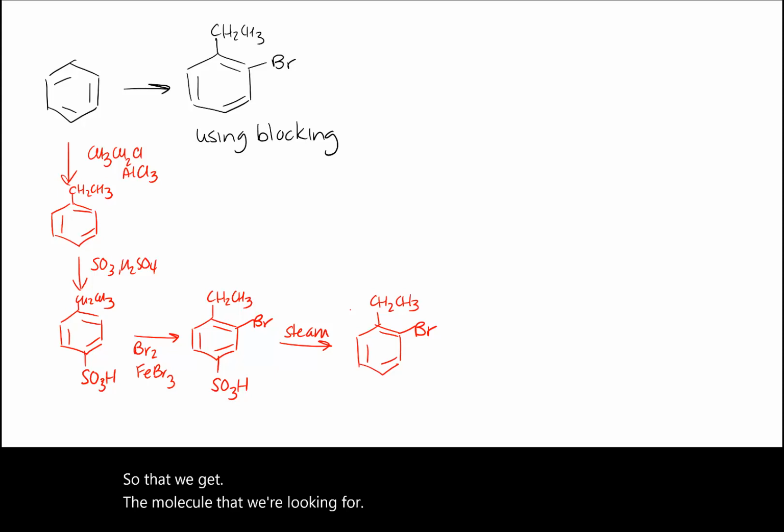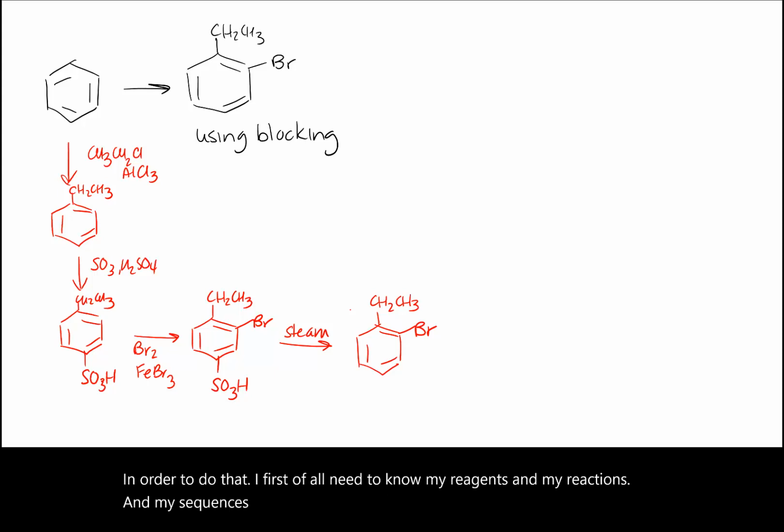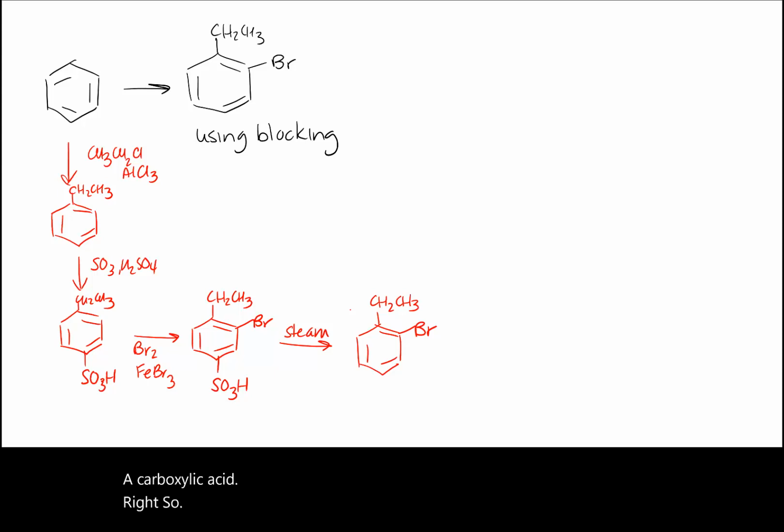In order to do that, I first of all need to know my reagents and my reactions and my sequences to add certain groups like a carboxylic acid. All right, so these kinds of problems I will definitely ask you to do on the next exam.